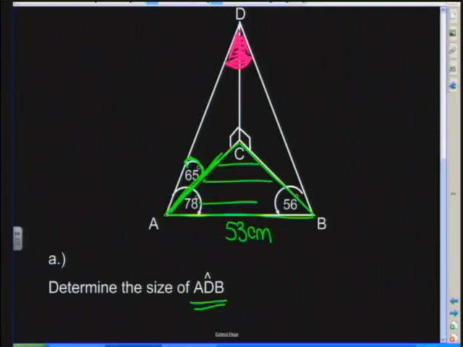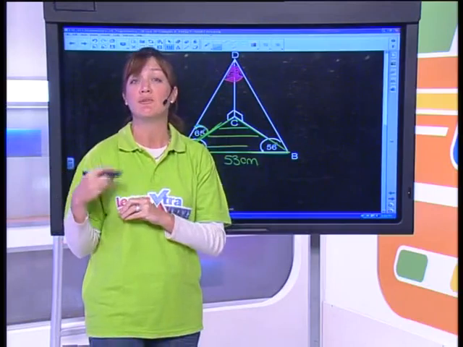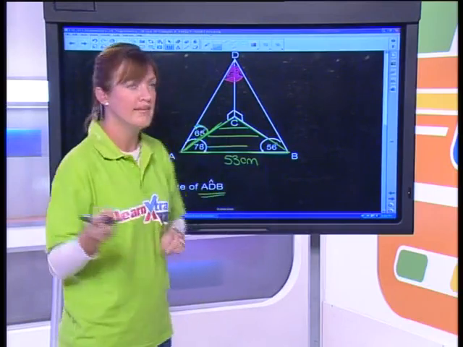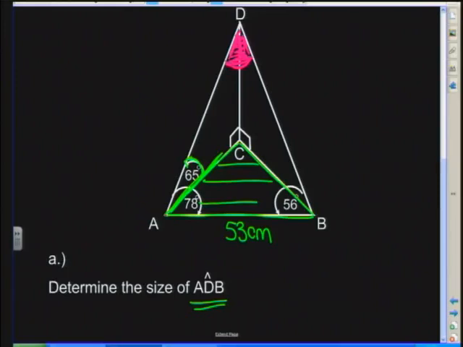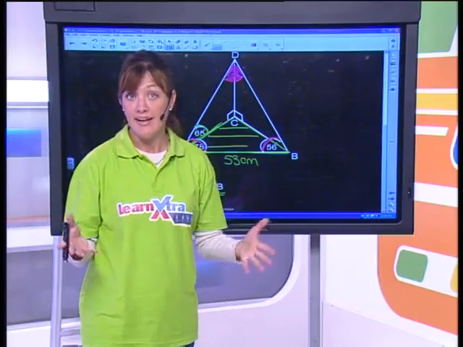Okay, so before we dive into it, let's take a very careful look. Let's look through all the information that we've got. Let's see if we can determine without too much working out what is the size of angle ADB. Well, let's consider the triangle ADB, the big triangle at the front surface of that three-dimensional figure over here. We know that that whole angle is 78 degrees, and we know that this whole angle is 56 degrees. So wouldn't angle D then be the third angle in that triangle? Okay, yes it would.